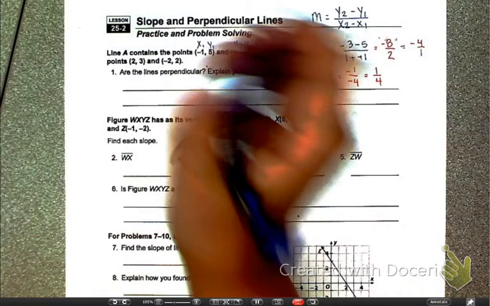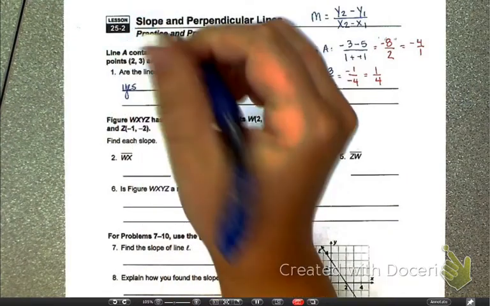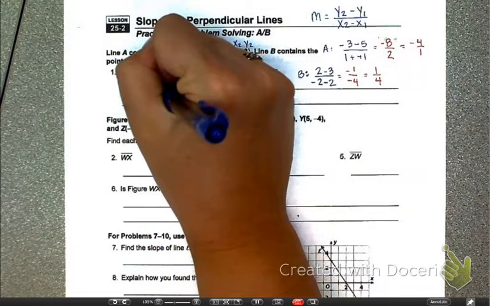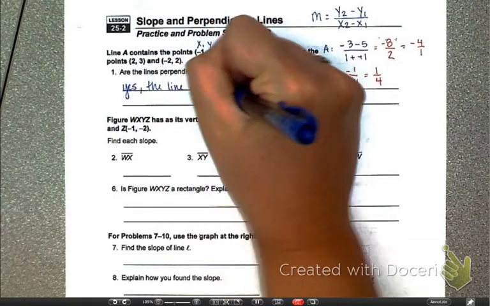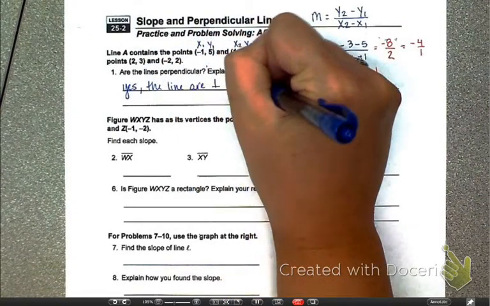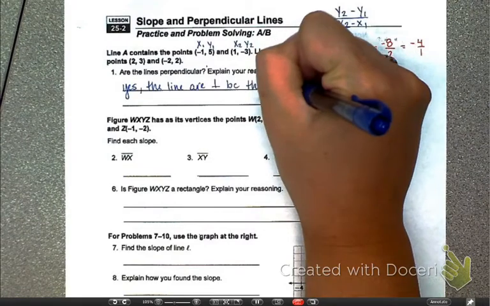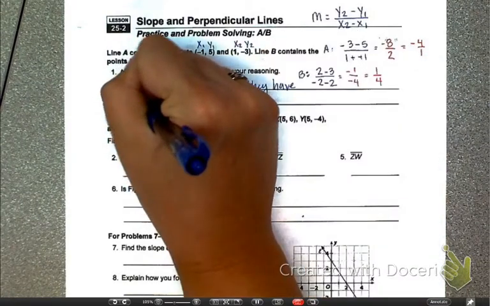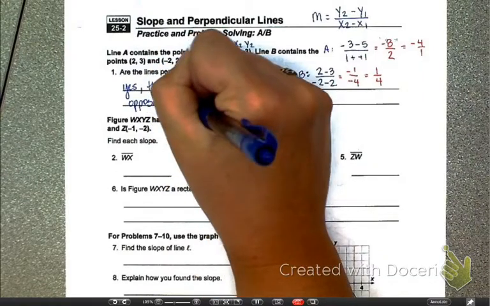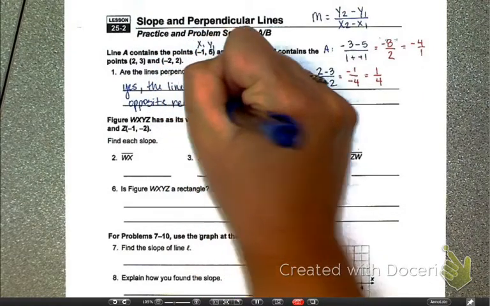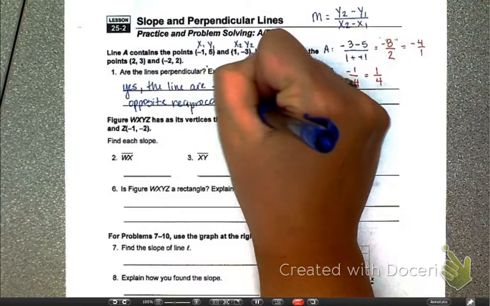Okay, so yes, the lines are perpendicular because they have opposite reciprocal slopes.